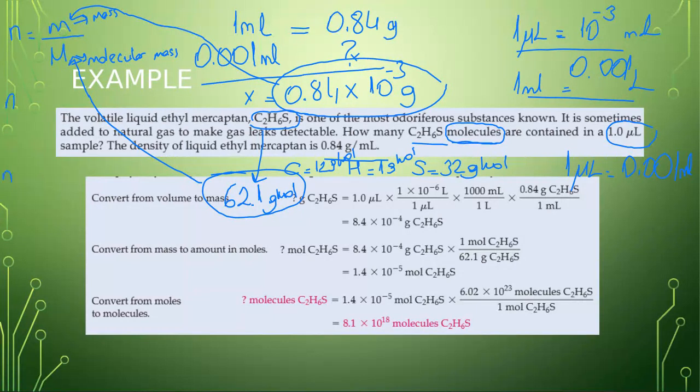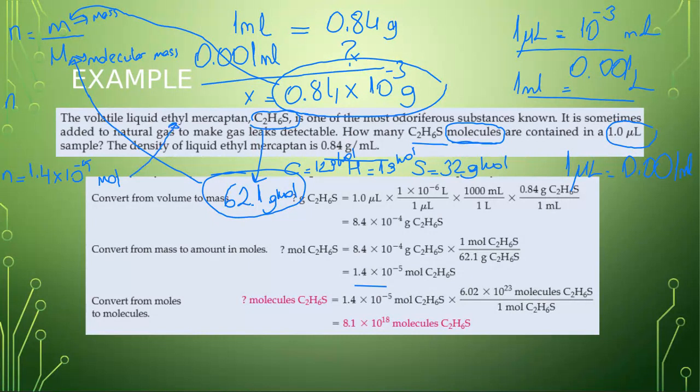While you calculate how many mole you find, please do that. Actually, you're right. Yes, this is the 1.4 multiplied by 10 to the negative something. This is the mole of ethyl mercaptan.